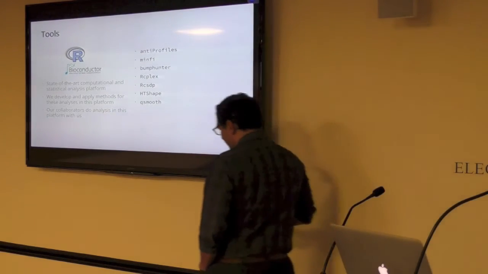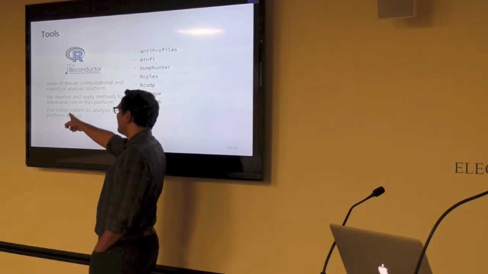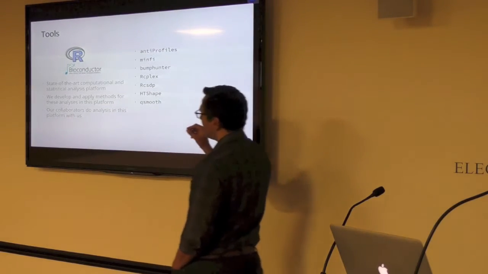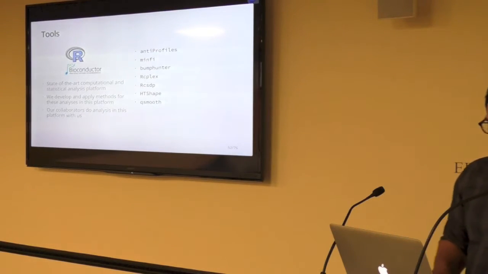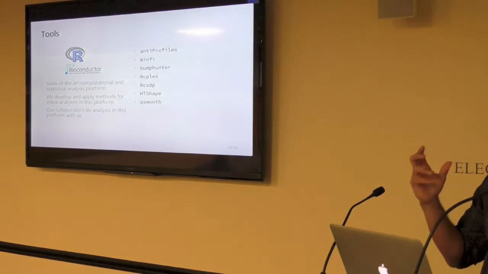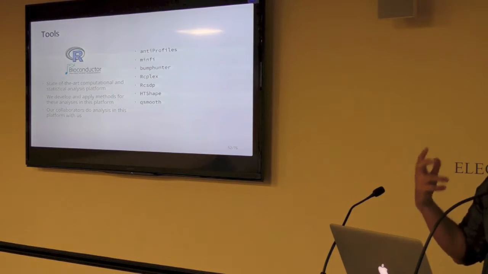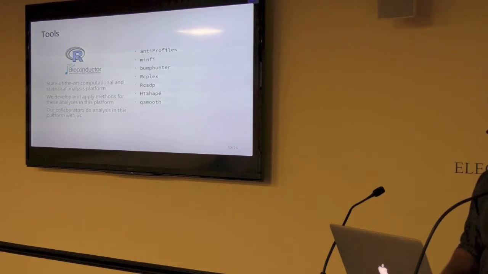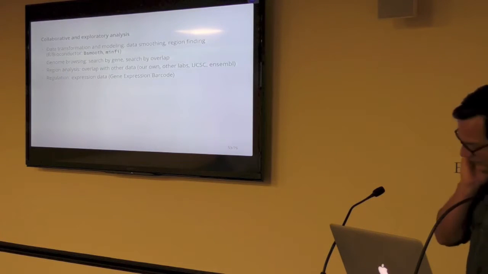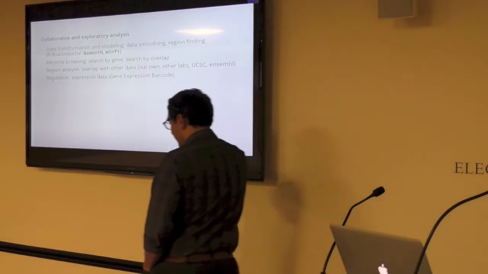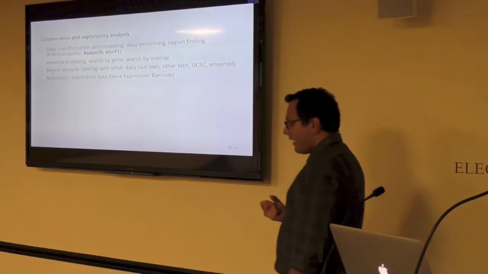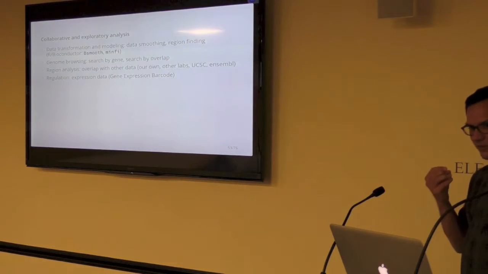And for this next little bit of what I'll talk about, the most important thing is that our collaborators do analysis with us, with these methods, in this platform, right? I think we're getting close to a generation of biologists who actually can do a lot of what we want them to do.